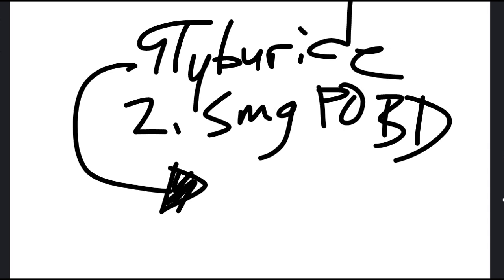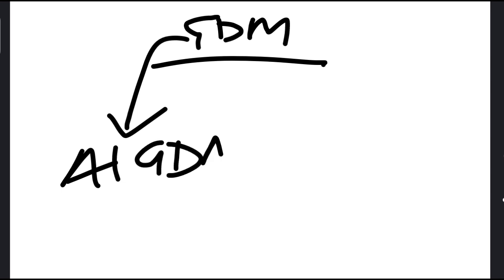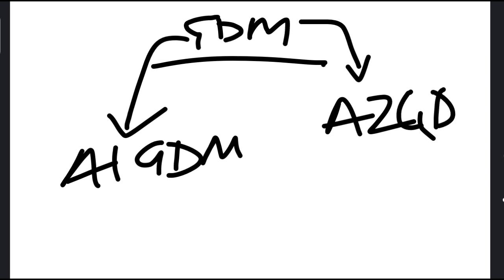Now, when you are commencing your treatment of your gestational diabetes, it's grouped into two. We have A1 gestational diabetes and we have A2 gestational diabetes.